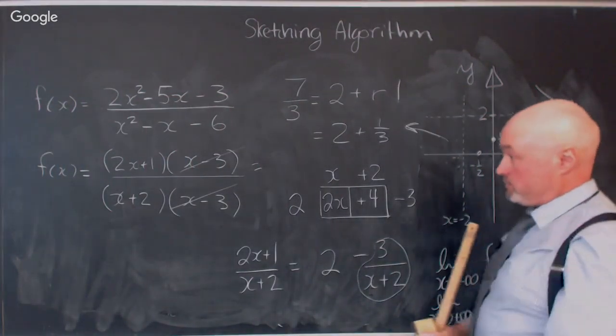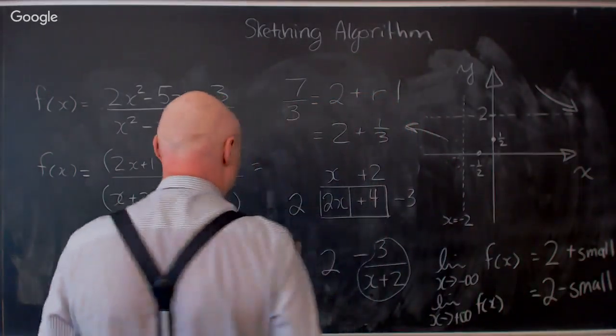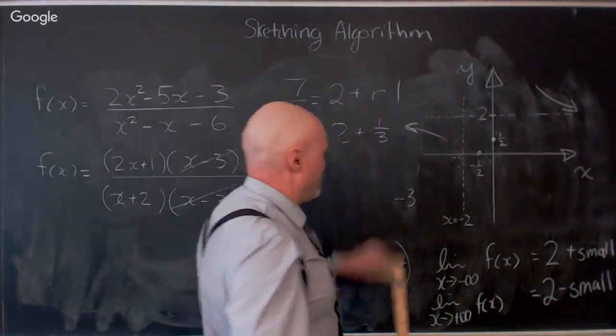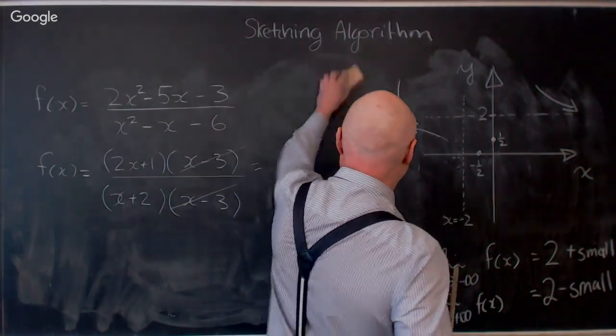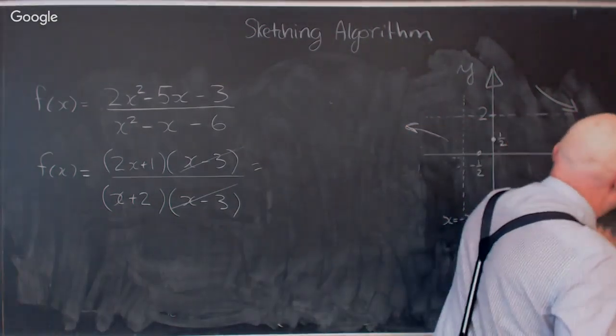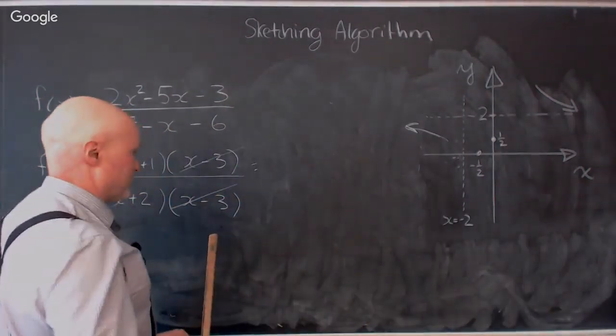Now, the last thing that we're going to do with this function is make an interval table for it so that we can figure out when that whole overall function is positive and negative, and that is going to help us draw the rest of the graph.